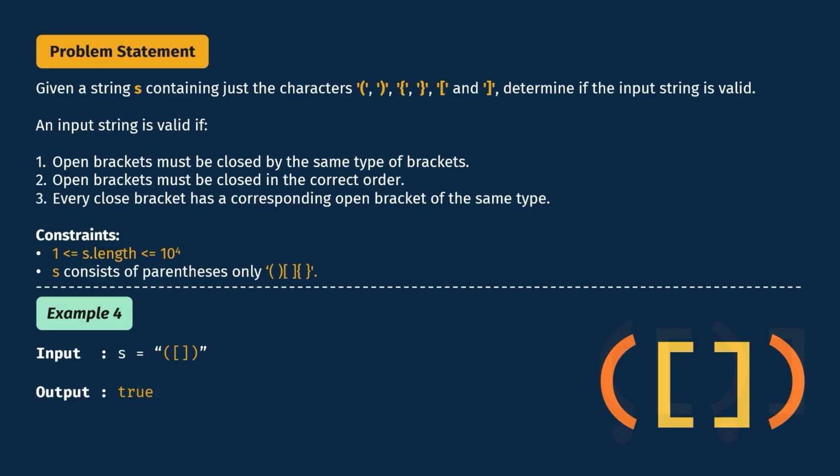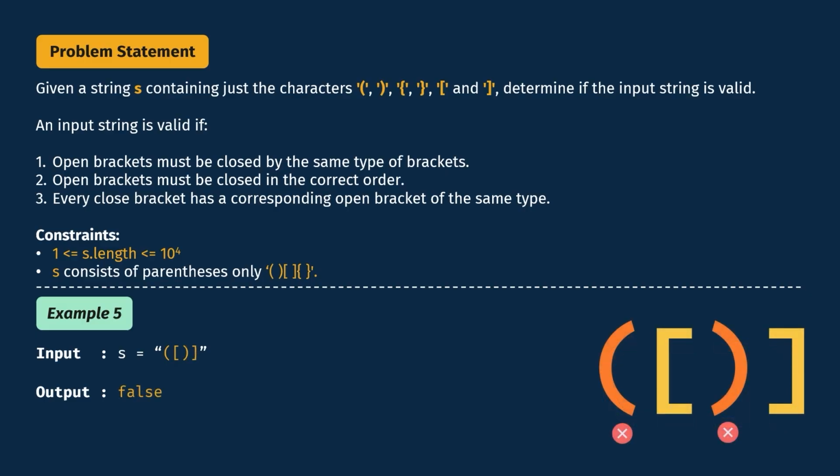Finally, let's examine our fifth example. So S equals this string, and the output is false. This is a perfect example of incorrect ordering. Although we have matching pairs, one set of round brackets and one set of square brackets, they are not properly nested. The opening sequence is first an opening round bracket, then an opening square bracket.